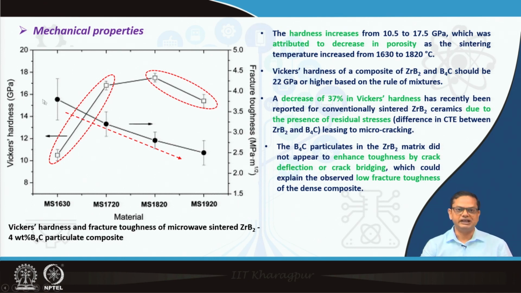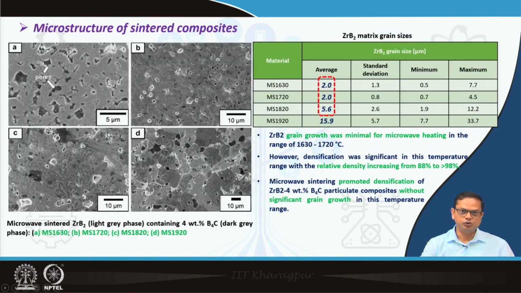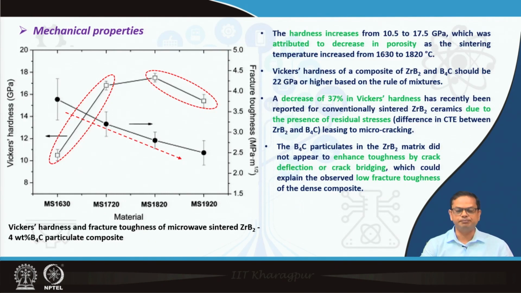Those things are not happening here clearly, and because of this, the fracture toughness is getting reduced. There is another factor which I need to emphasize: what we observed is that with increase in temperature there is densification and porosity gets reduced. Now, in some cases there are examples where, if there is porosity, in fact microporosity, that microporosity helps in improving fracture toughness, because it accommodates a certain amount of deformation.